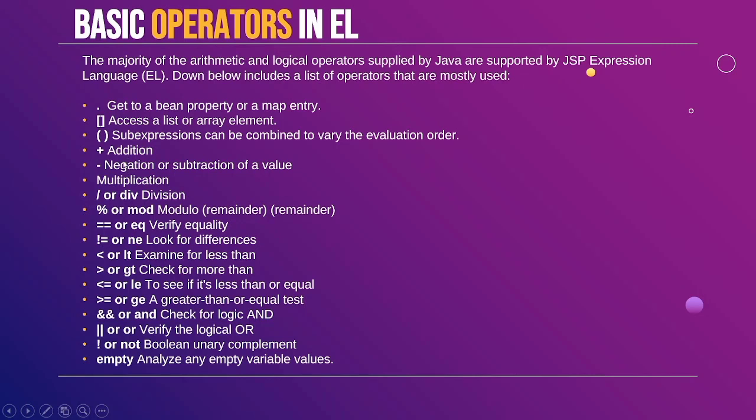We have addition, subtraction, multiplication, division, and all the other operators that are common, that we are all familiar with. So that is basically the basic operators used in expression languages and how they are used.